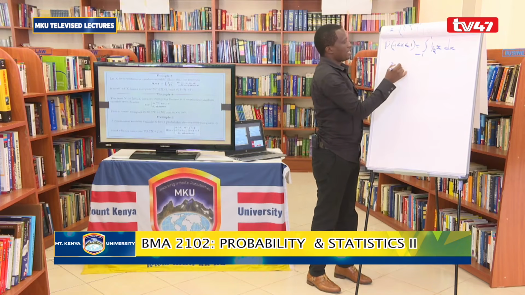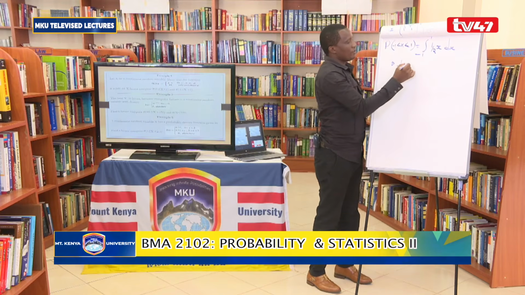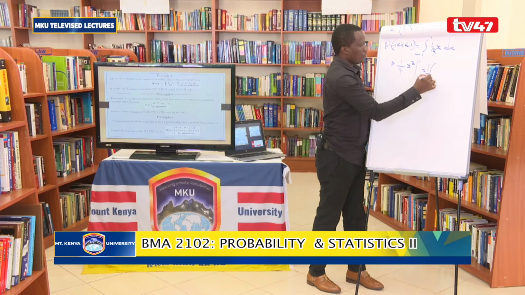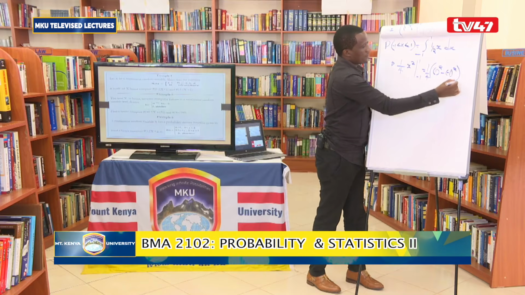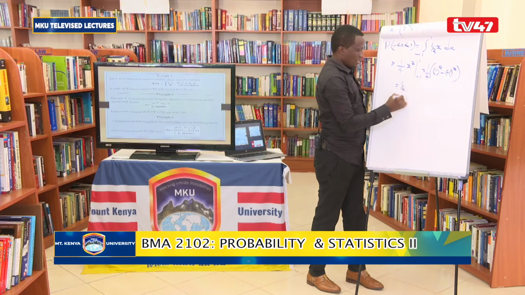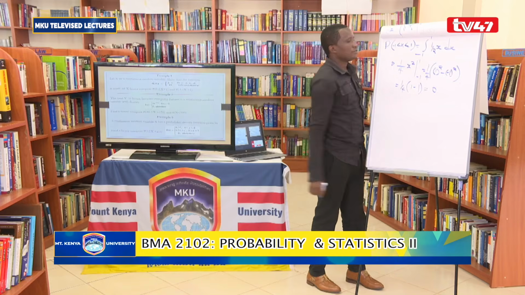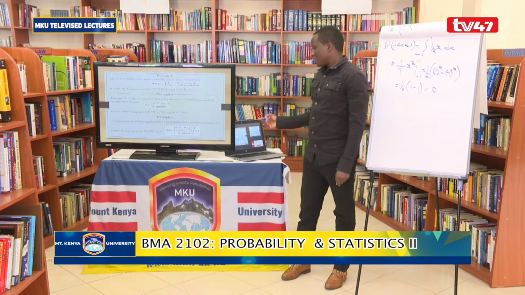So this is the same as, because we've already integrated this, 1 over 4 x squared, from negative 1 to 1, which is the same as getting 1 over 4, then 1 squared minus negative 1 squared. So this is the same as a quarter, then we have 1 minus 1, which is actually 0. So the probability that x will lie in the interval negative 1 and 1 is 0.